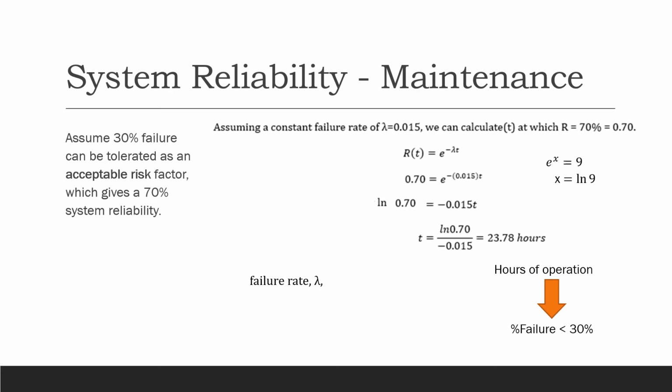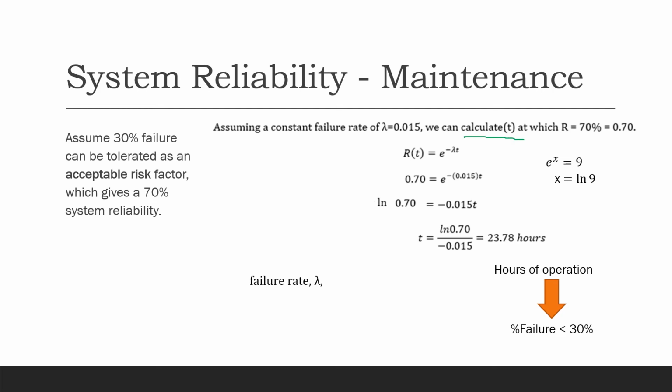Okay, maintenance. Now we have reliability. We're going to assume 30% failure can be tolerated as an acceptable risk factor, because it gives you a 70% system reliability. We assume the constant failure rate is 0.015, and we can calculate the operation time.